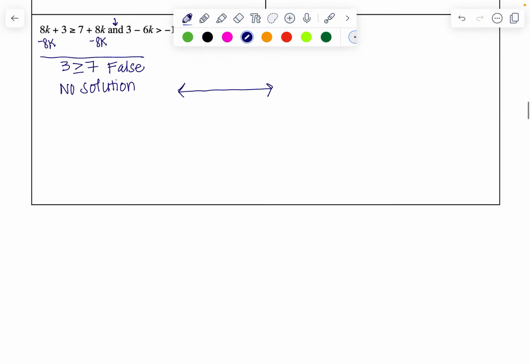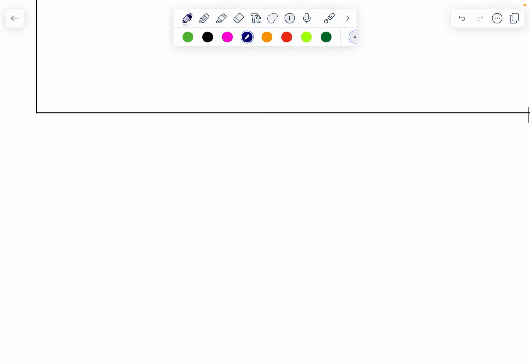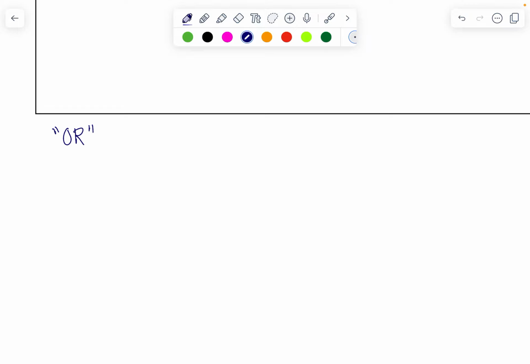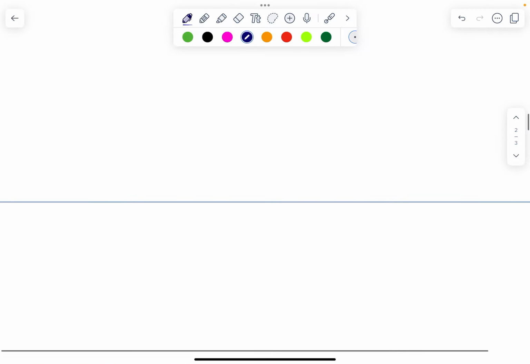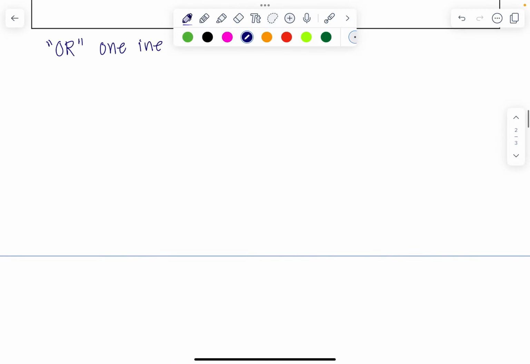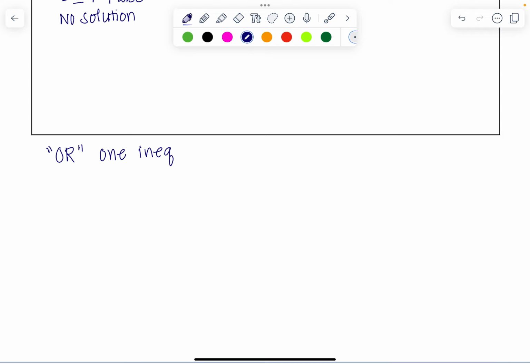So to go over that again, if it's an or, and one inequality is all real numbers, then the whole answer is all real numbers.